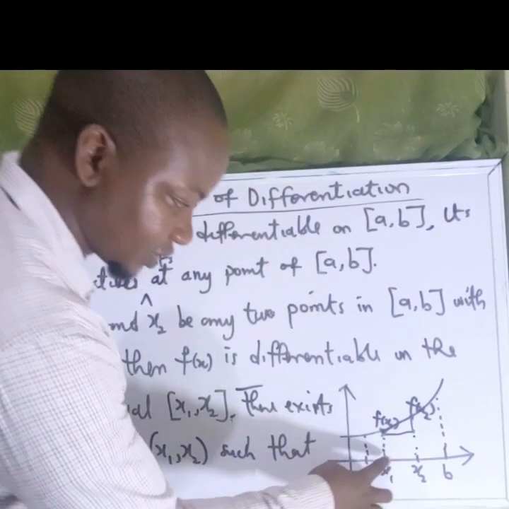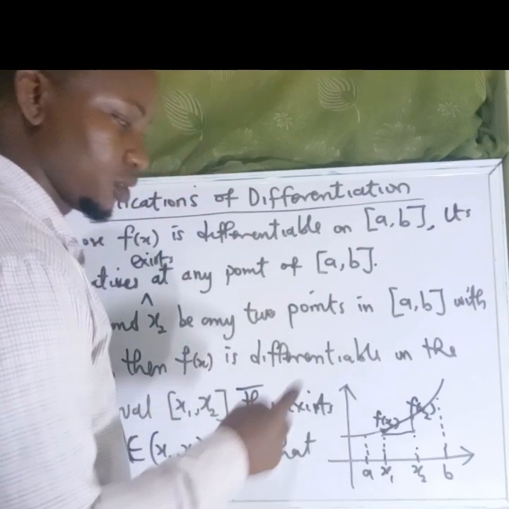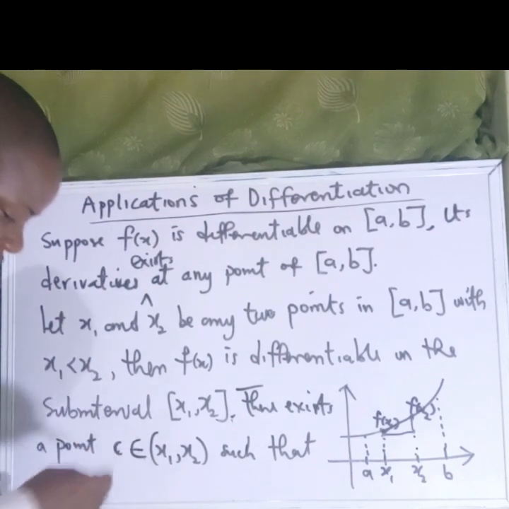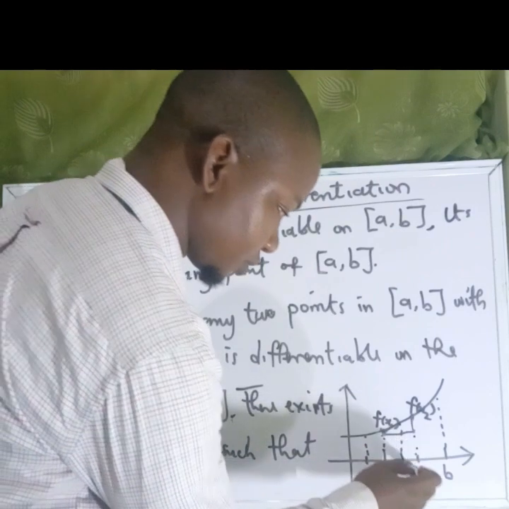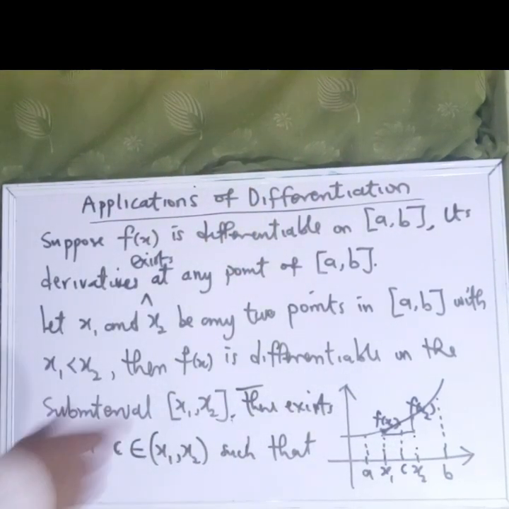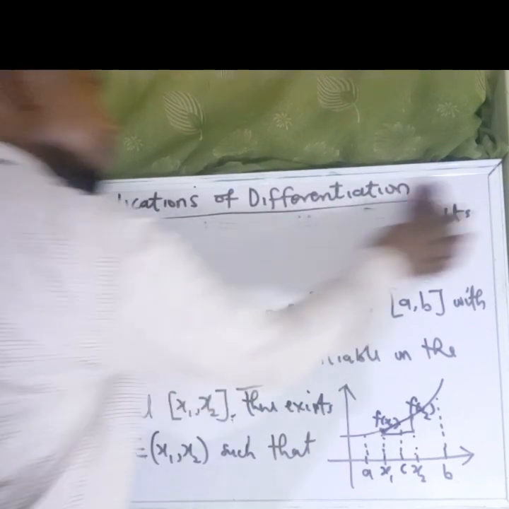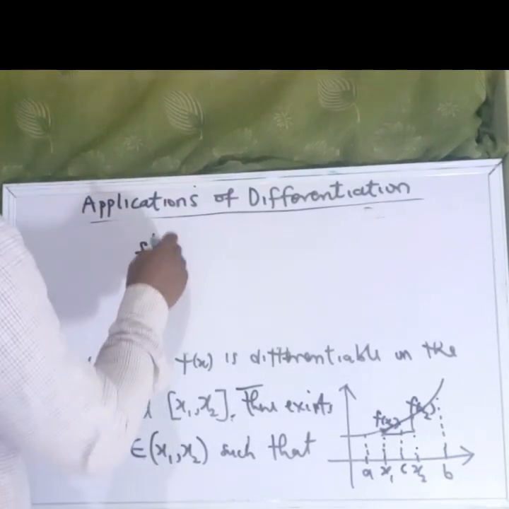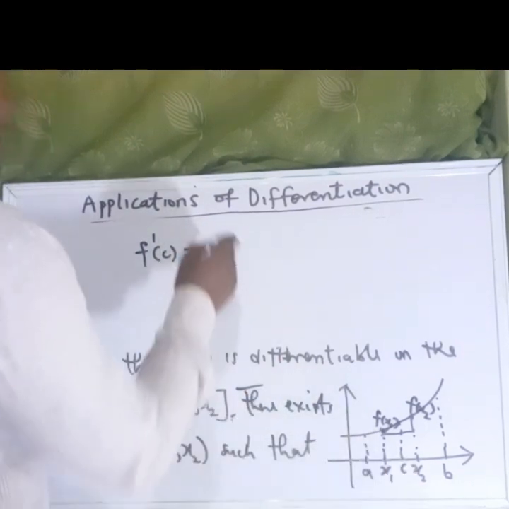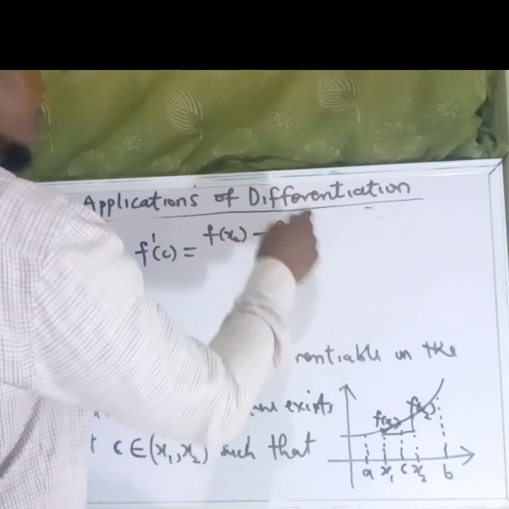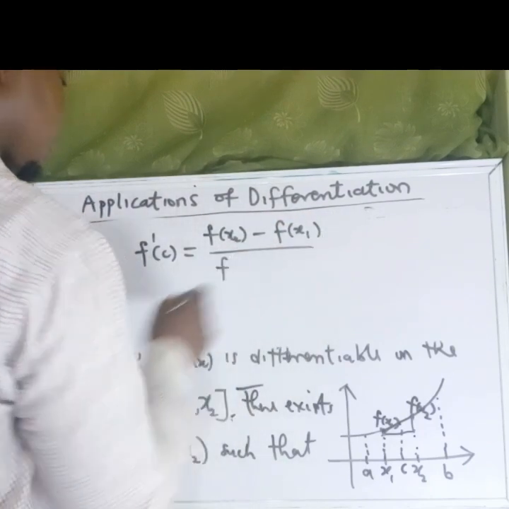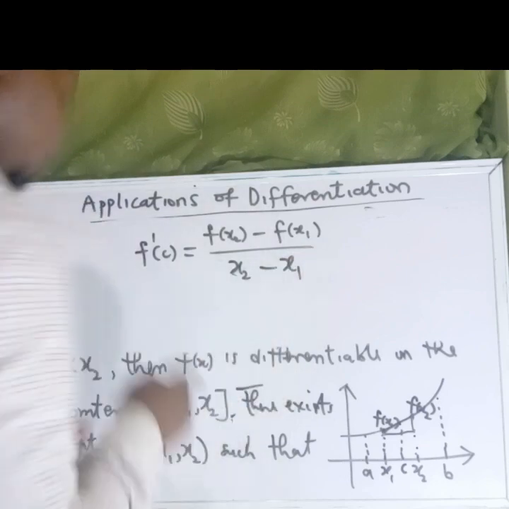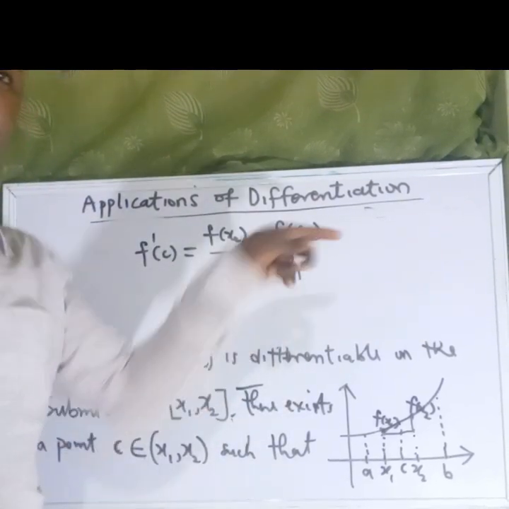What we are saying here is that if f of x is differentiable between x1 and x2, there is a point C, and this point is in between x1 and x2, and such that this happens: the slope of this function at C will be equal to f of x2 minus f of x1, and everything is over x2 minus x1.